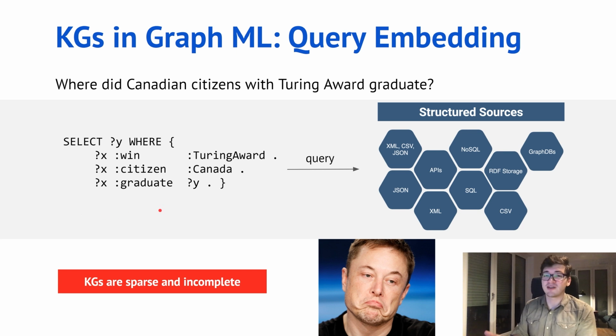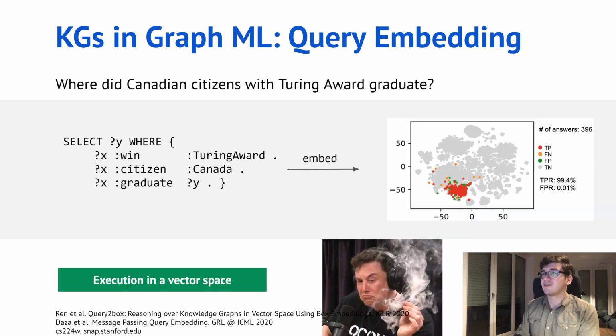And it means that although the completeness will be full, it's the completeness of only known things. You cannot infer new information from there. And the point of query embedding, well, we can embed the query itself into the same embedding space as our entities and relations are, and perform reasoning right there.